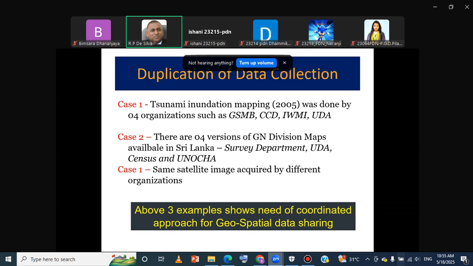And another case, related to case one, is the same satellite image, especially during the tsunami, acquired by different organizations. The government organizations are acquiring the same set of data by paying multiple times.